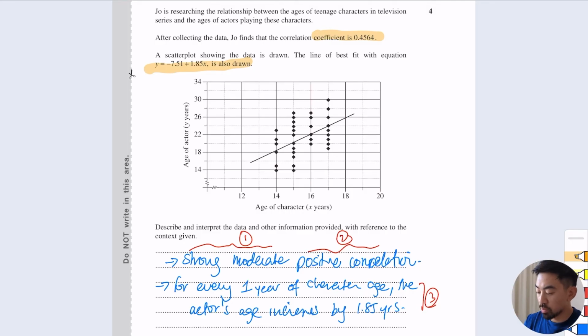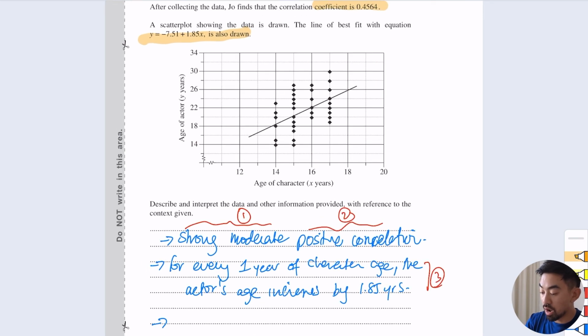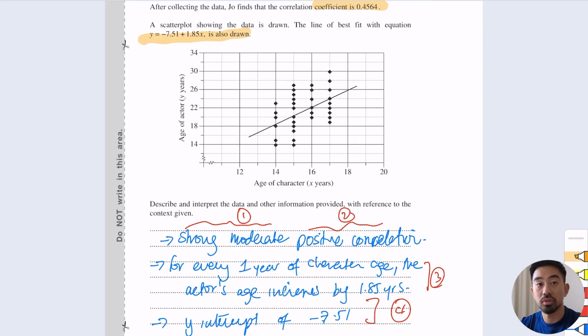I guess I'm just going to interpret the last point as saying it will have a y-intercept of minus 7.51. Okay, that should hopefully do it. And that's going to give me my fourth point here. 4 marks, hopefully.